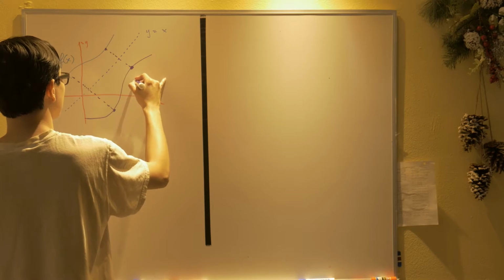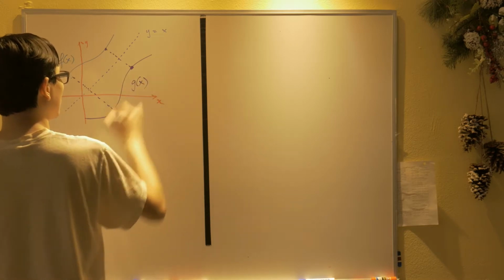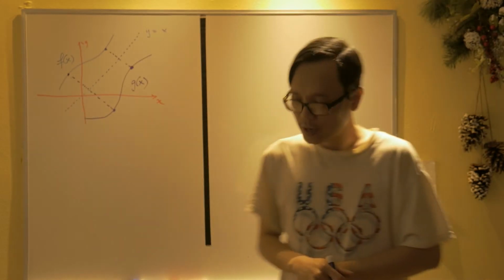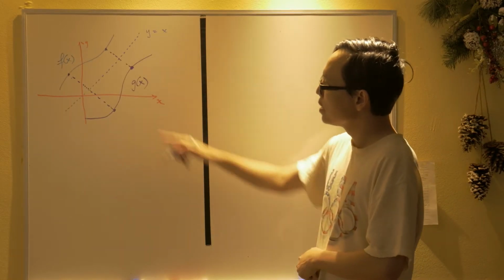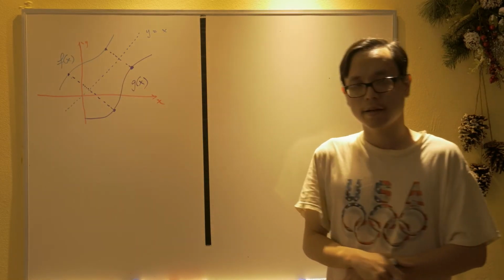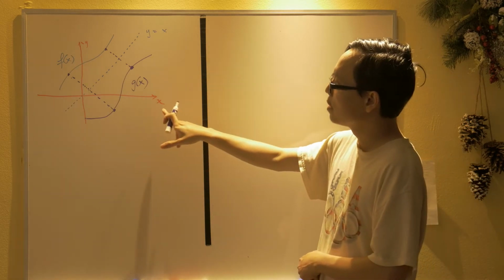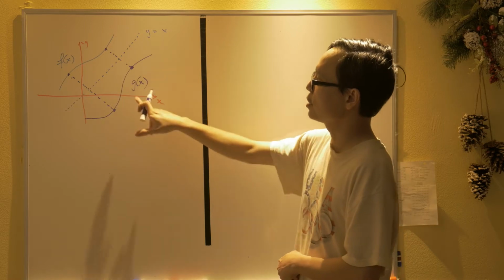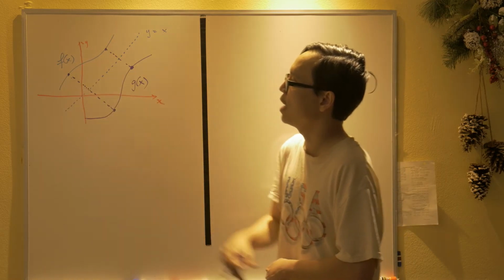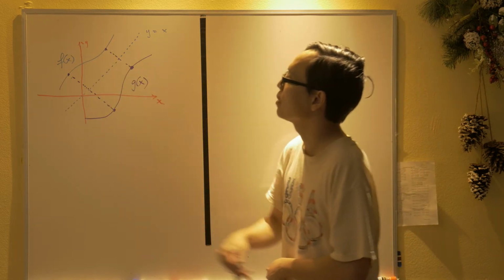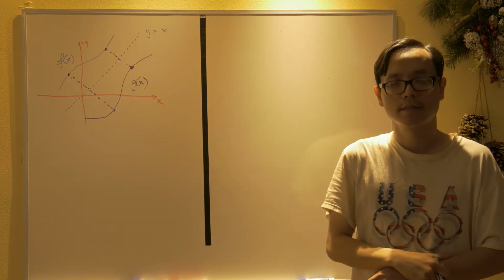I call this curve g of x. All right. So this function g of x is the second version, the version of function f of x after you mirror f of x about the line y equal x.